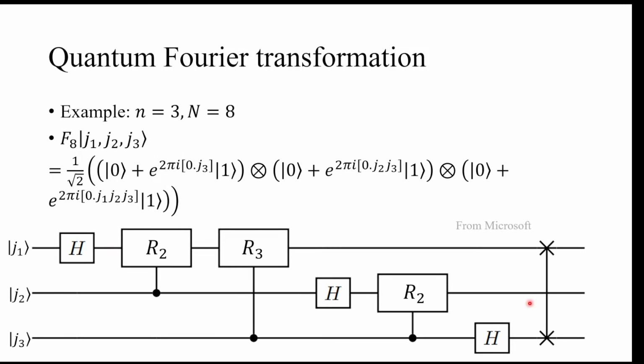Okay, and here we see quantum Fourier transform in some example. So with only 3 qubits, small n equal to 3, big N equal to 8.